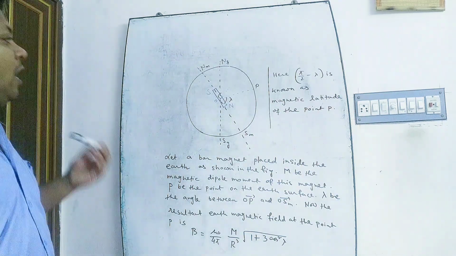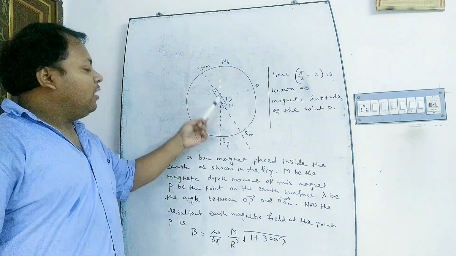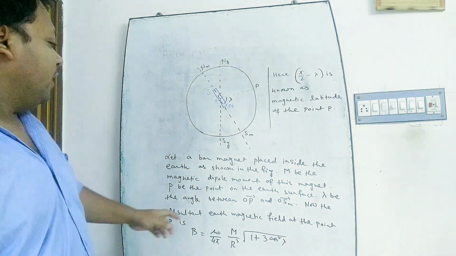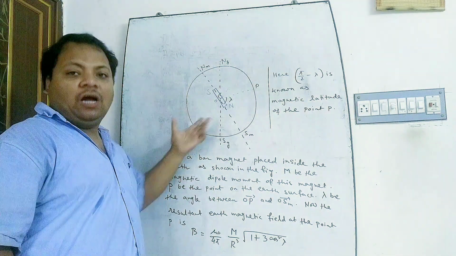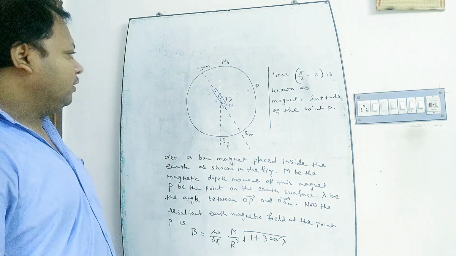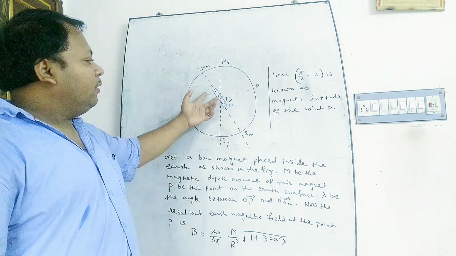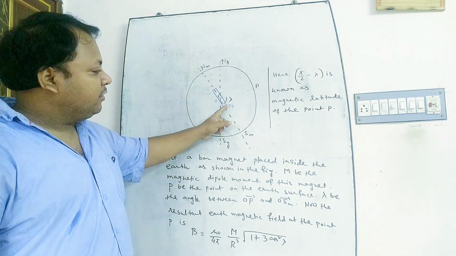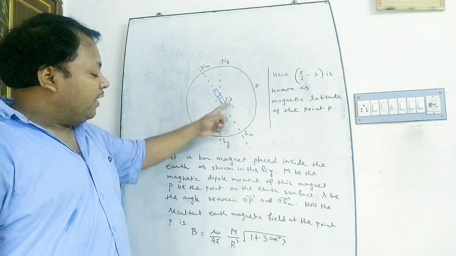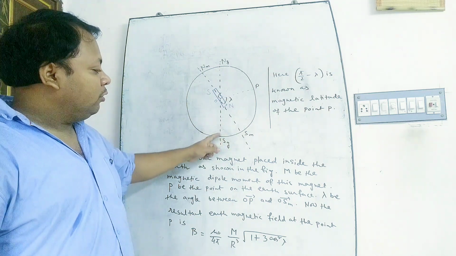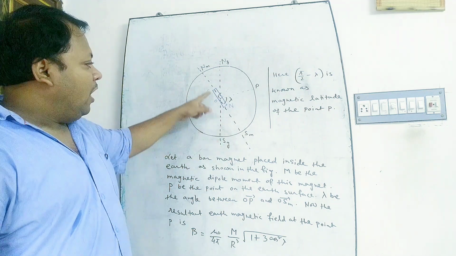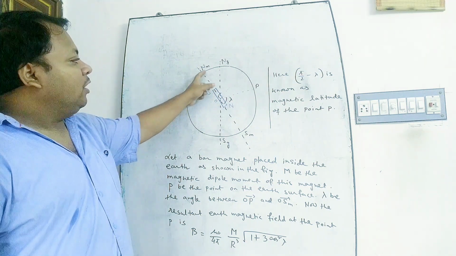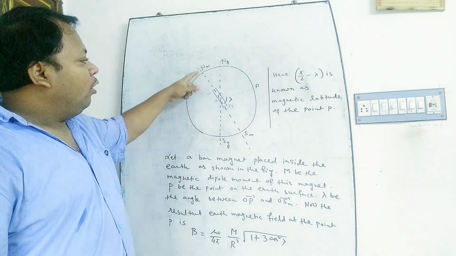Now let a bar magnet be placed inside the earth. Here capital R is the radius of the earth. The North Pole of the bar magnet is directed towards the magnetic South Pole of the earth, and the South Pole of the bar magnet is placed towards the magnetic North Pole of the earth.